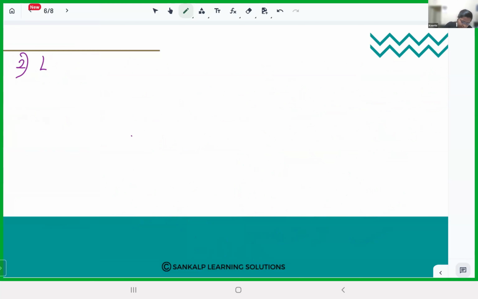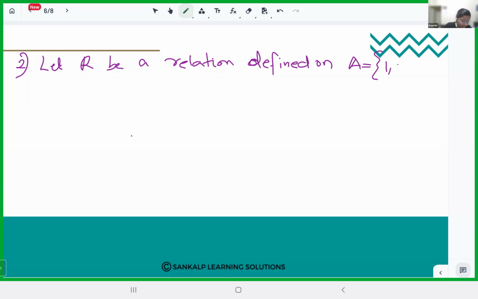Let R be a relation defined on A, where A is the set {1, 2, 3}, by R is equal to the set of ordered pairs {(1, 3), (3, 1), (2, 2)}.